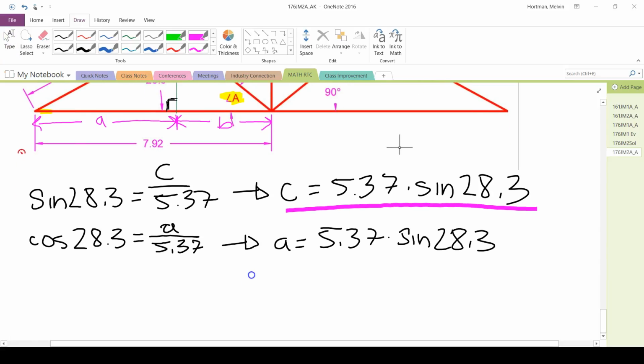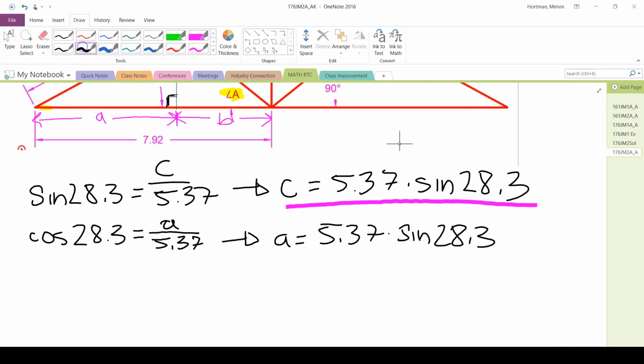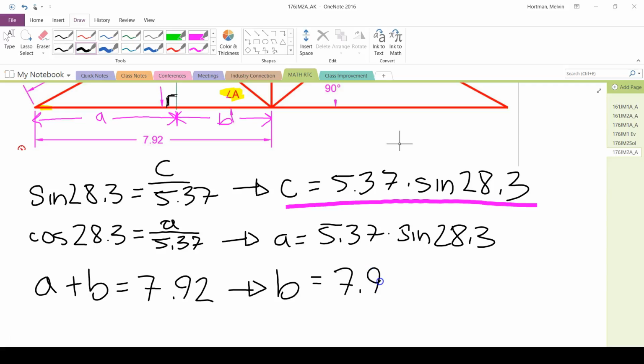And then, not finally, we can do A plus B we know equals 7.92. That's going to allow us to solve for B equals 7.92 minus A, whatever A is.